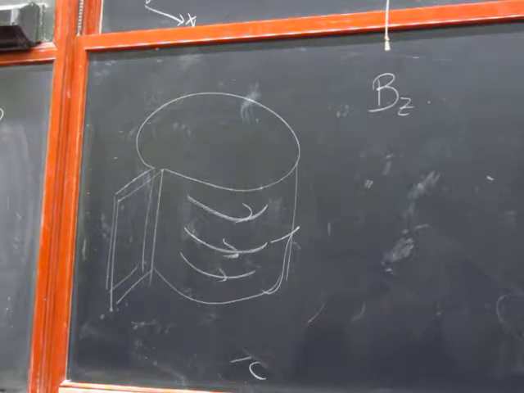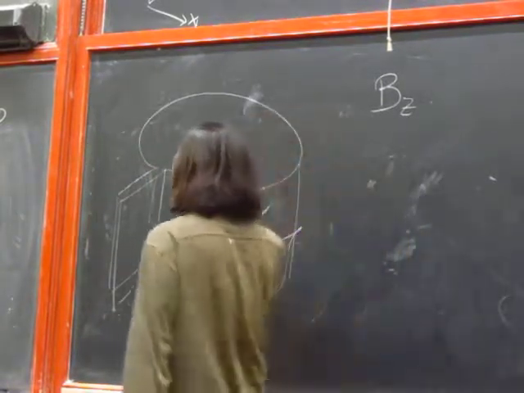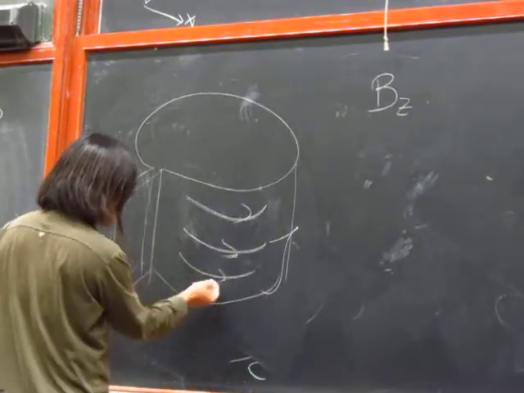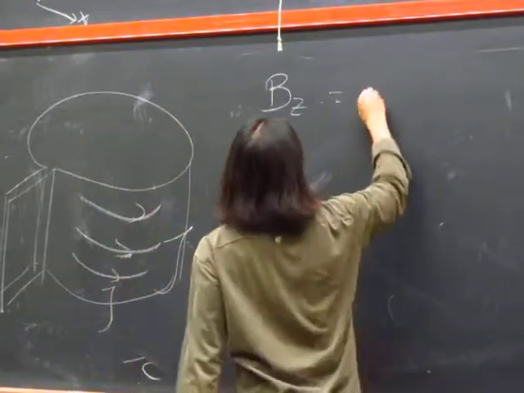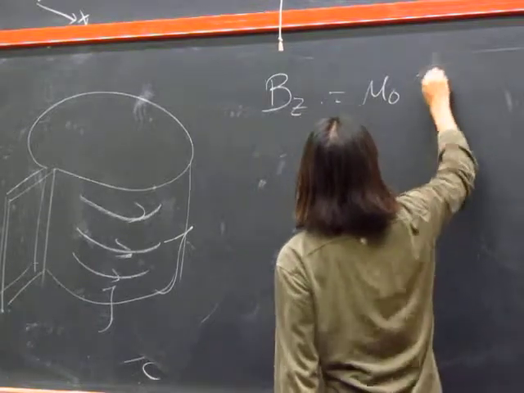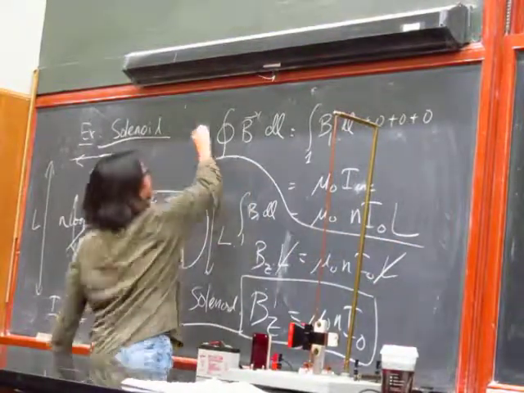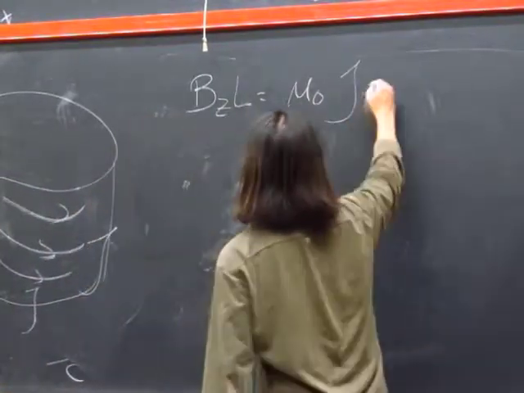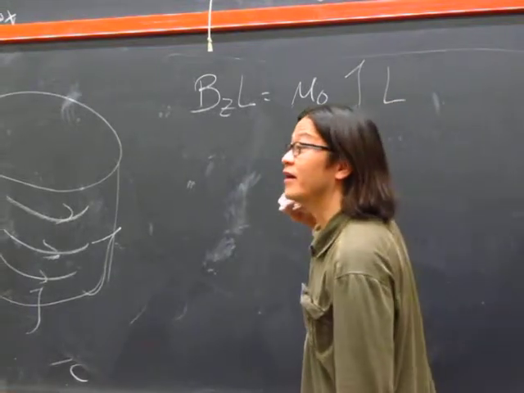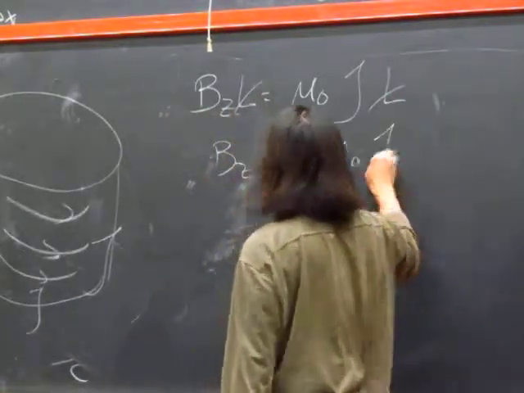By the way, it's constant everywhere. The field inside the solenoid is the same everywhere. It's mu naught n I. But if you use this surface current sheet and loop it around into a cylinder, then B_c times L is equal to mu naught K times L, then the L cancels, and it's just mu naught K.